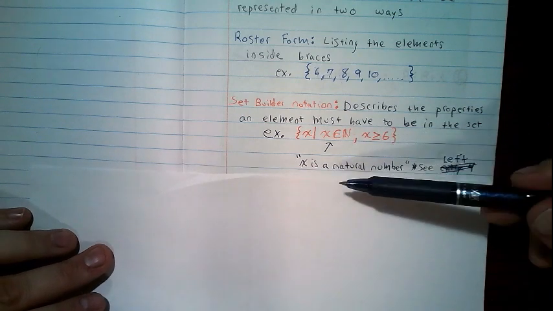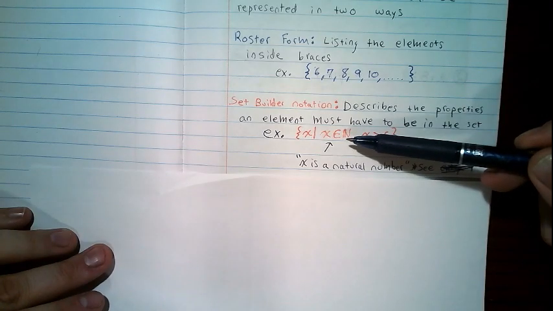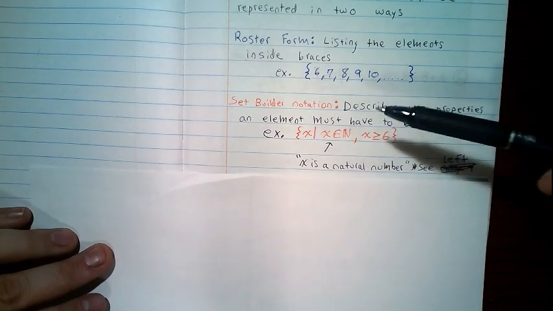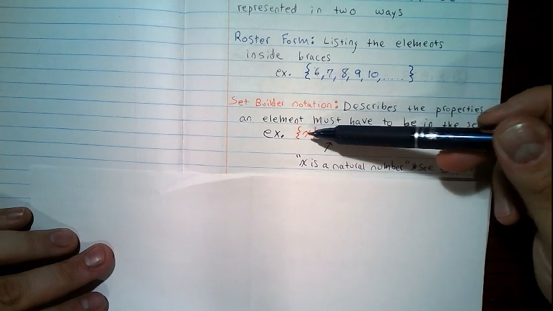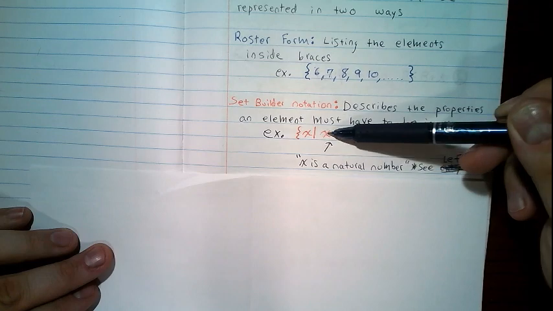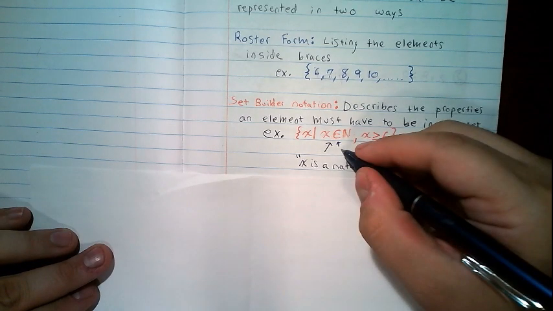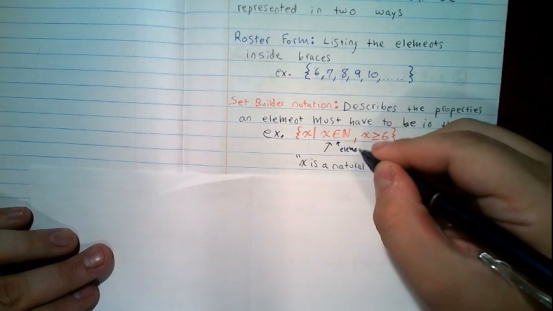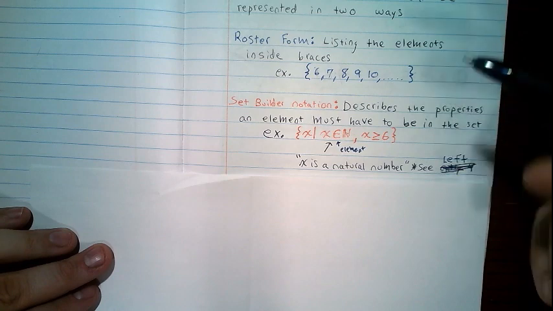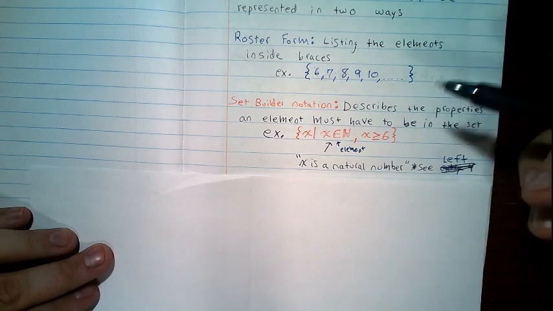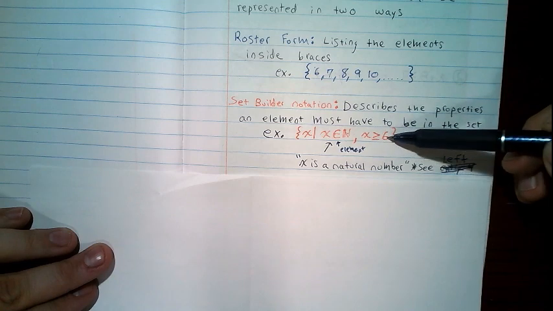So x is a natural number, and that's where this symbol comes into play. We can read this as values of x such that x is an element of the natural numbers. That means it's 1, 2, 3, 4, 5, right? But also that x is greater than or equal to 6.